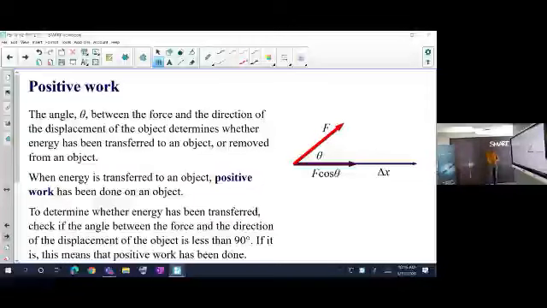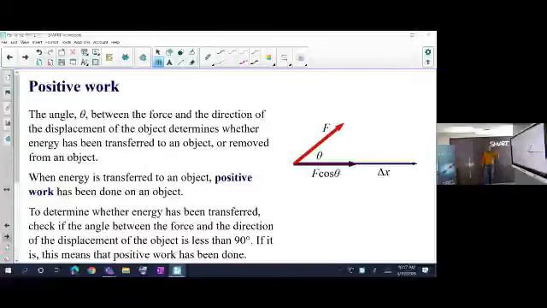That is far right there. If you look at it, we have this angle theta, the force applied, and the distance that is going to be covered in the direction of the force. The angle theta between the force and the direction of the displacement of the object determines whether energy has been transferred to an object or removed from an object.